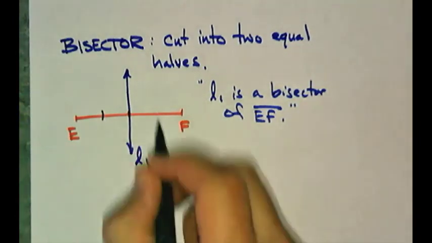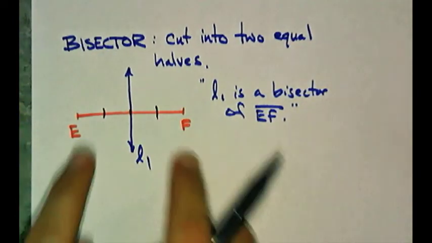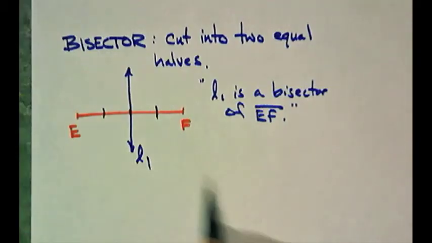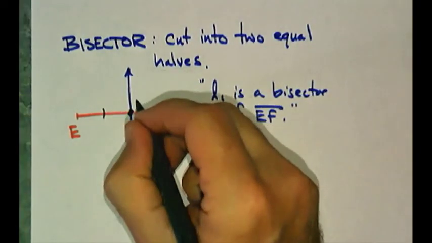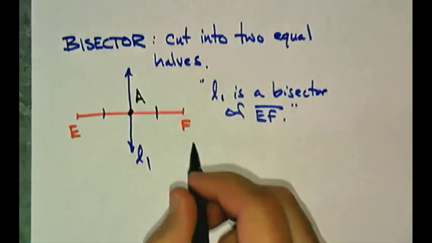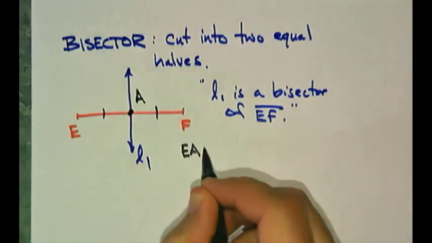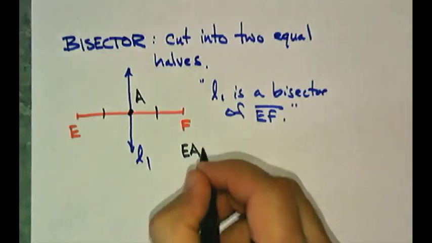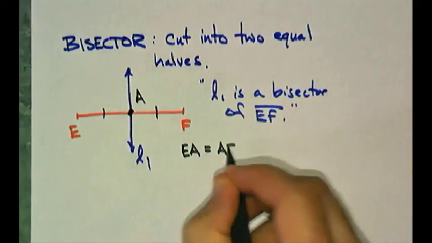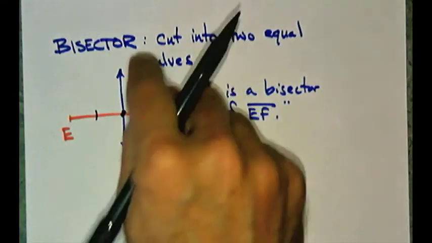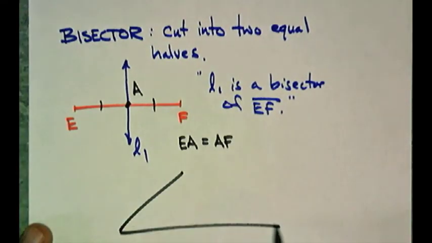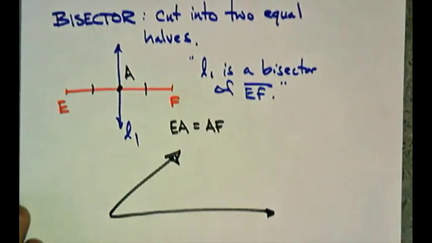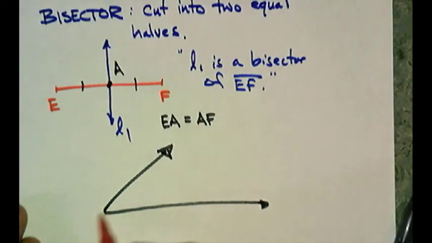I could put tick marks, or I could put numbers. I could also name that point, and I could go and write EA distance is equal to AF distance. That also. You can also bisect an angle as long as it's marked.